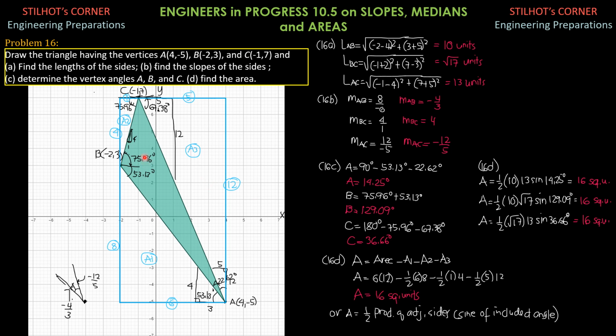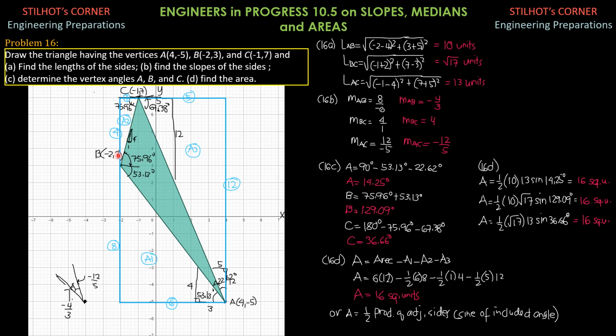One half of this length, square root of 17, times AB, which is 10. So one half of AB, 10, BC, square root of 17, times sine of angle B, 129.09 degrees. So it is also 16 square units.